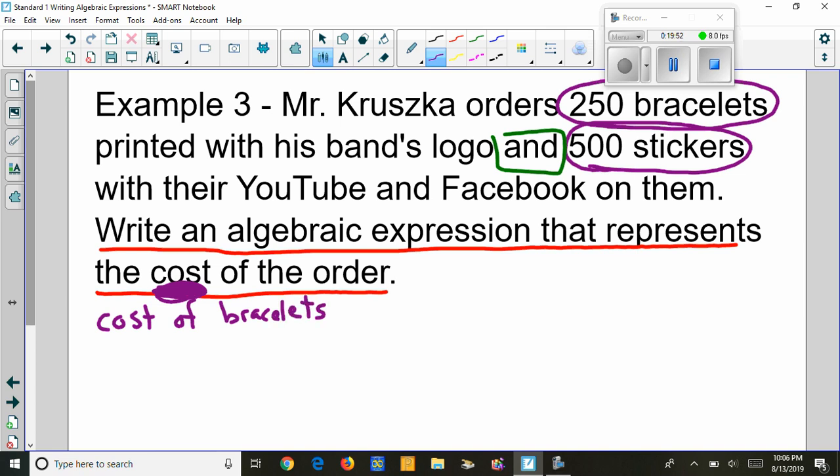Let's call that the letter B. I also do not know the cost of the stickers. So I'm going to call that S.